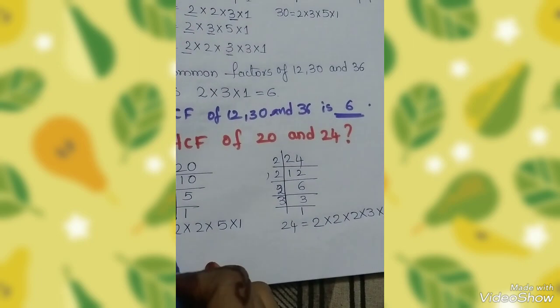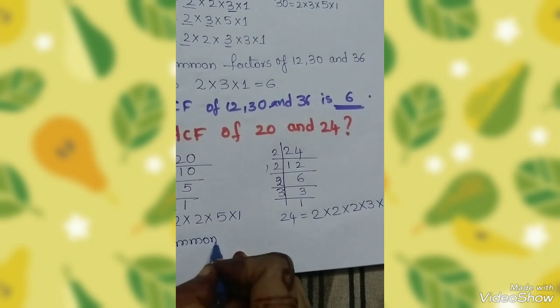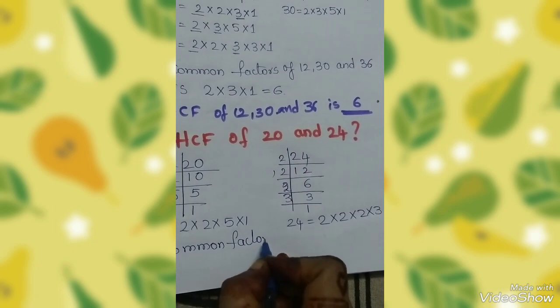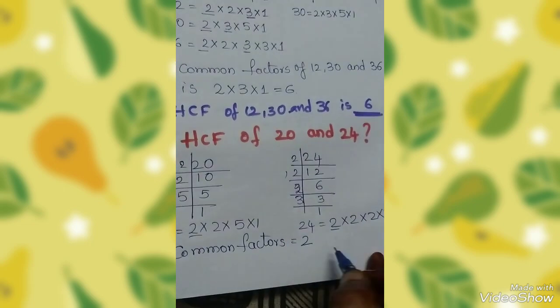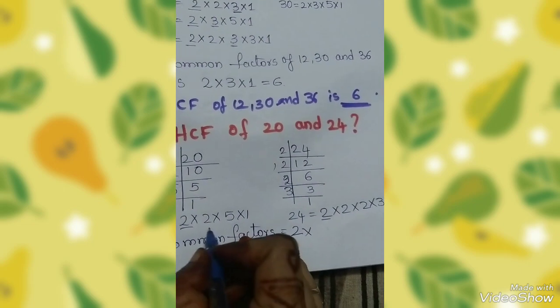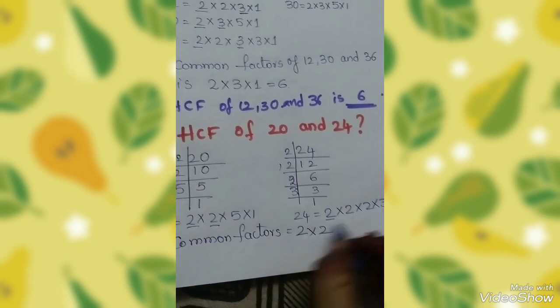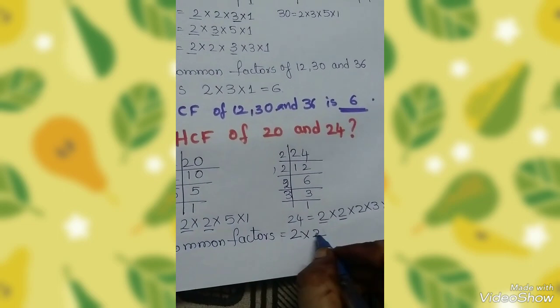Okay, now common factors are 2, here 2, write down 2 common, into again 2 here, 2 here, so write down 2 common here.